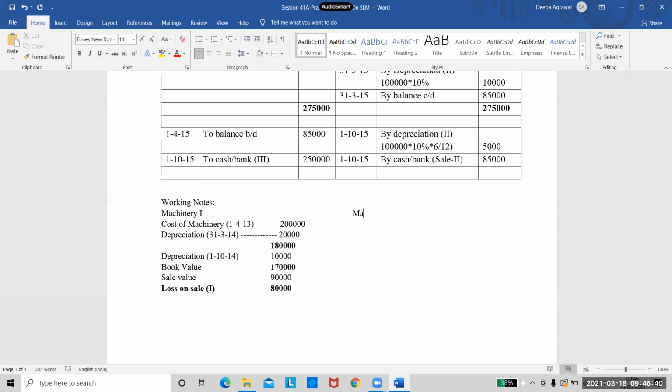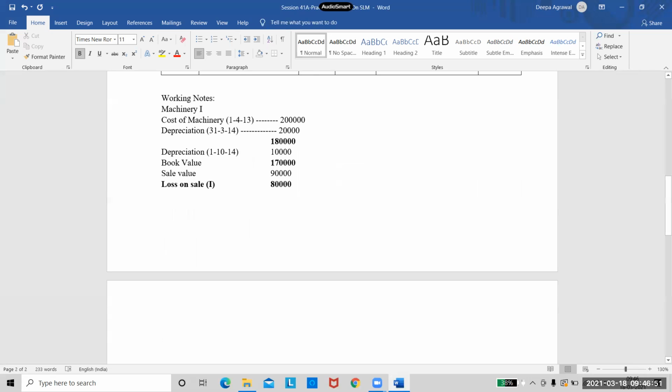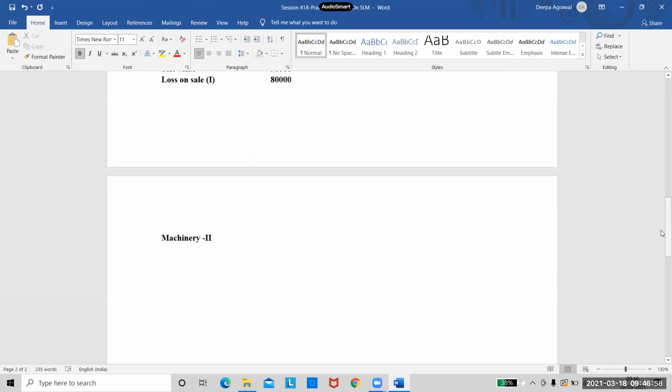I will put the heading here, machinery number 2. We'll do it down so that we don't get confused. So first, when did we purchase this machinery? First you take cost of machinery. See, when did we purchase it? 1st October 2013 only we purchased.